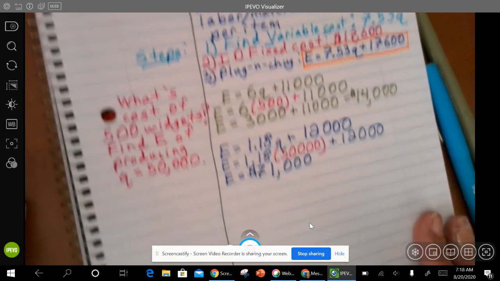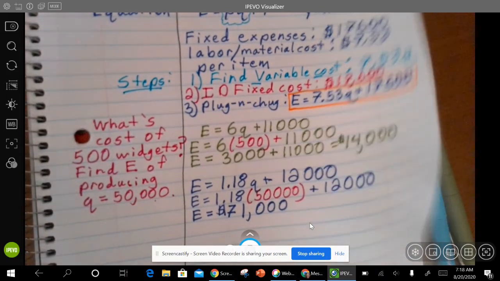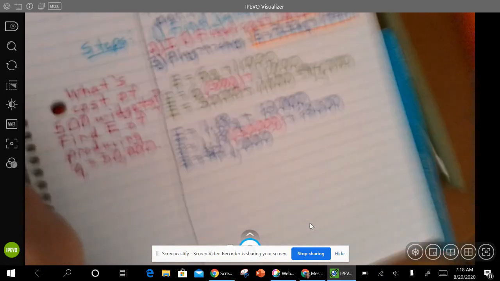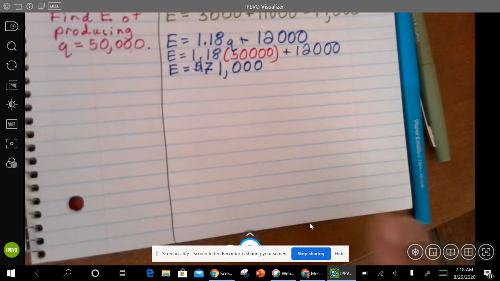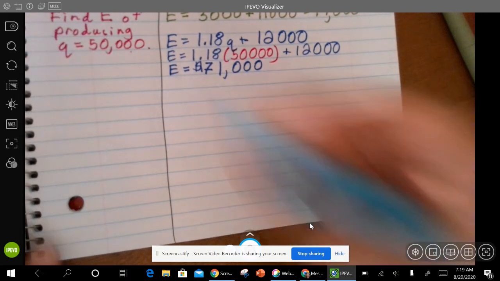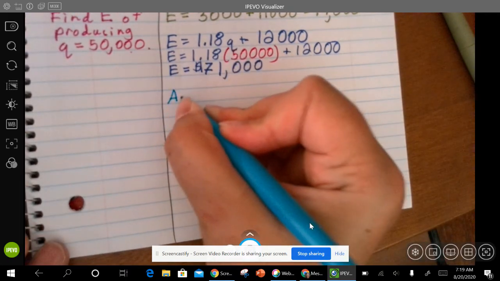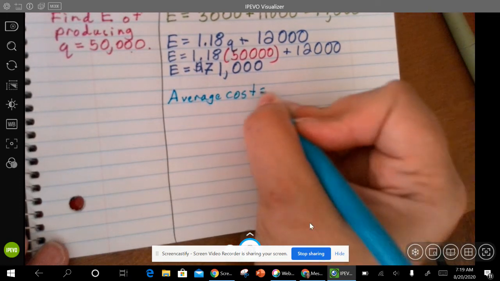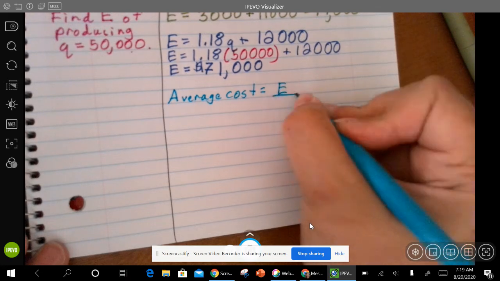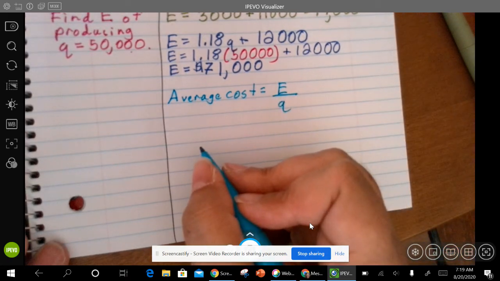Then let's say we want to figure out what the variable cost is. Well, that's not variable cost. We're going to solve for the average cost. So average cost, everybody, is equal to the expense divided by the quantity.